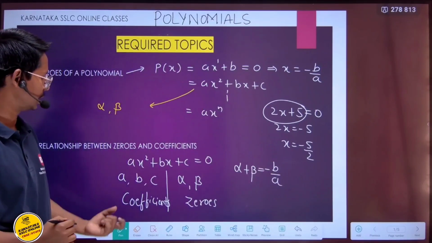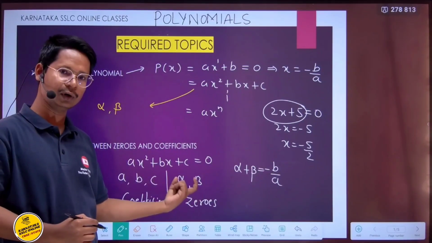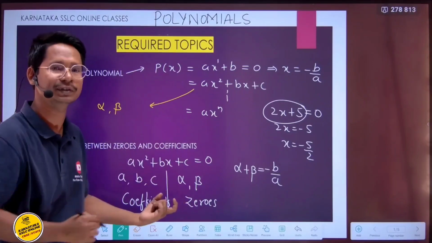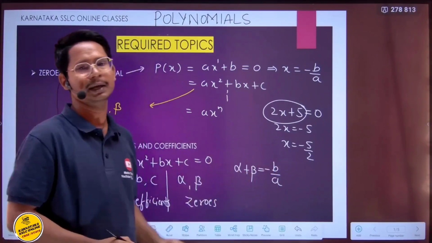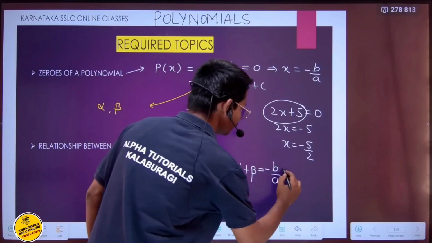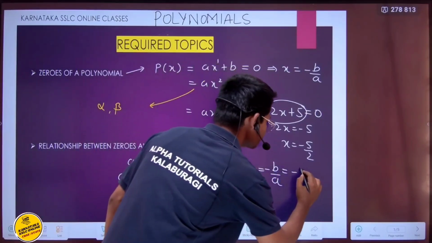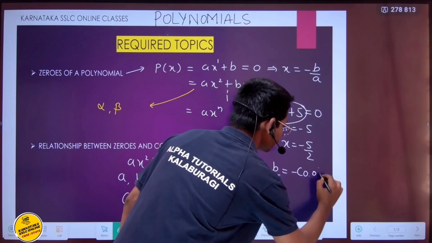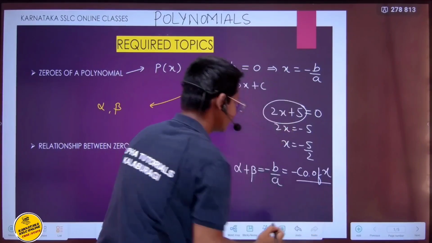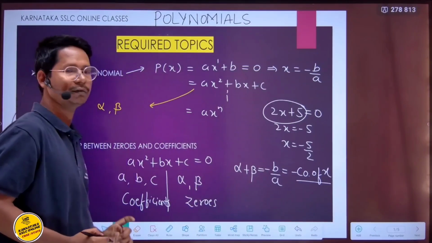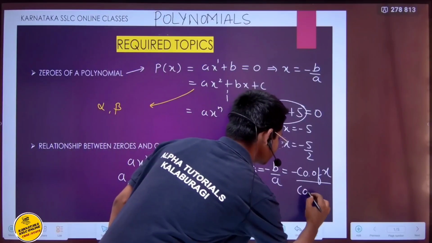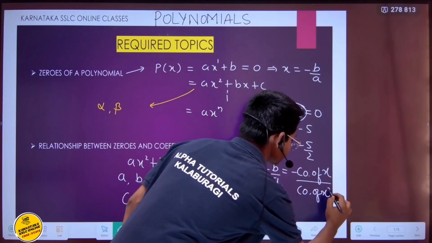Very important. So when you find zeros or roots, you can relate them with the coefficients as minus b by a. In terms of words, minus b indicates the coefficient of x, divided by a, which stands for the coefficient of x square.